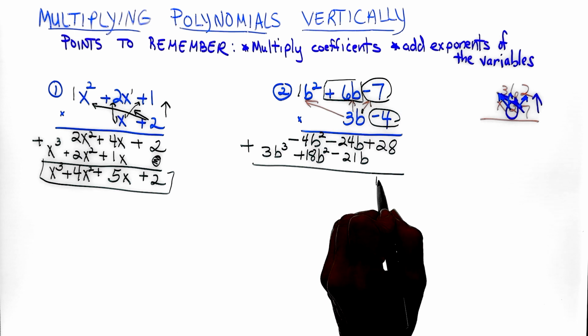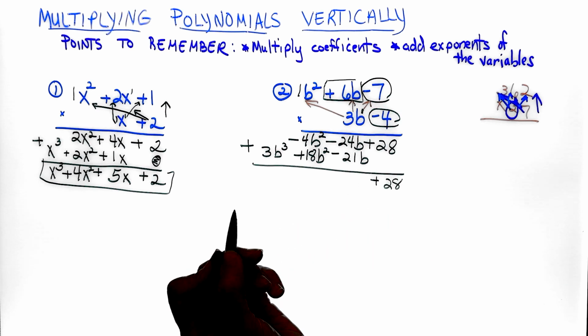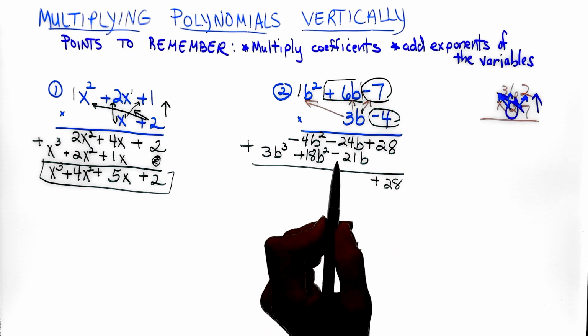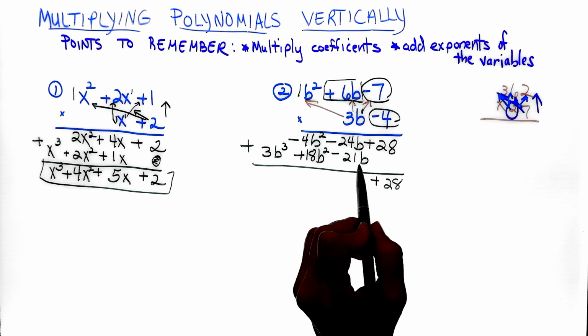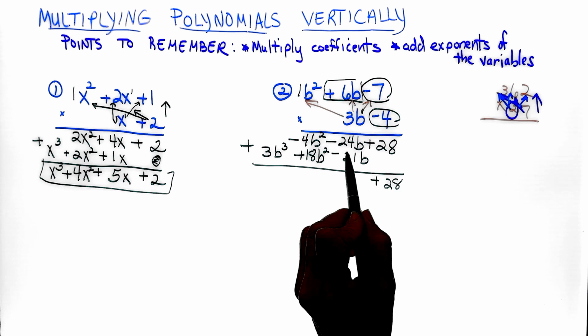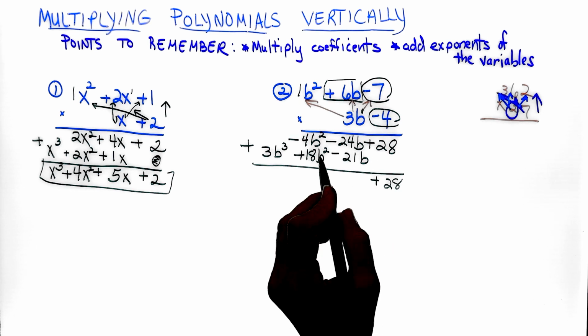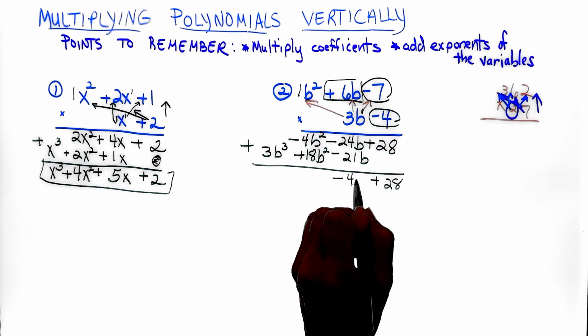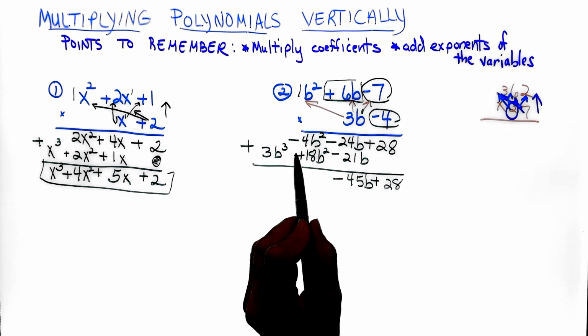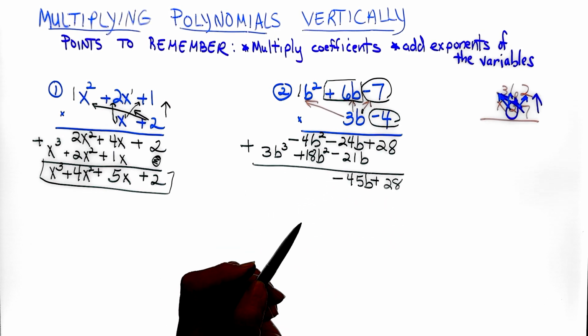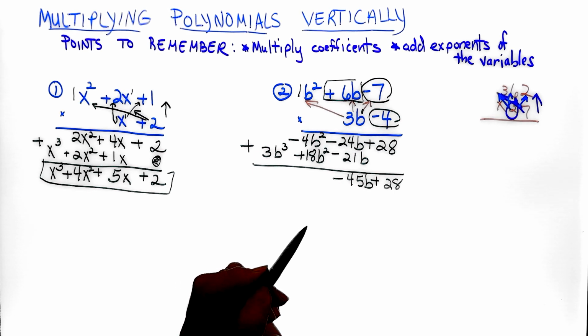So I see I have a plus 28 when I add my numbers. When I add my b's, I have a -24 minus a 21b, or you can think about this as being a -21b. So I end up with a -45b. When I'm putting together my b squareds, I have a -4 and a positive 18b squared.